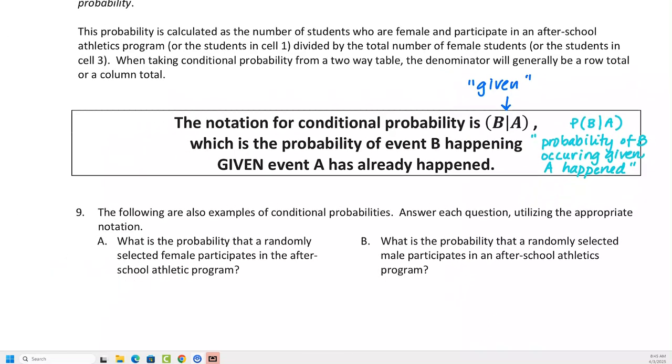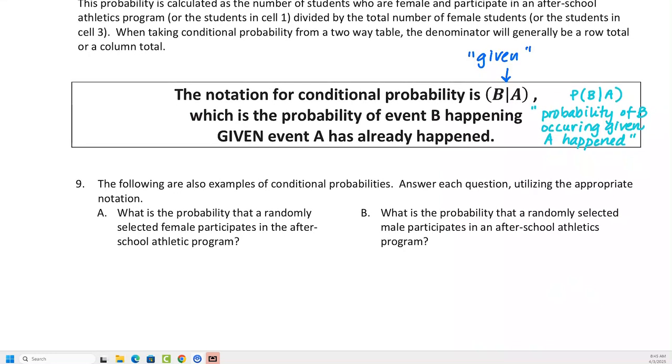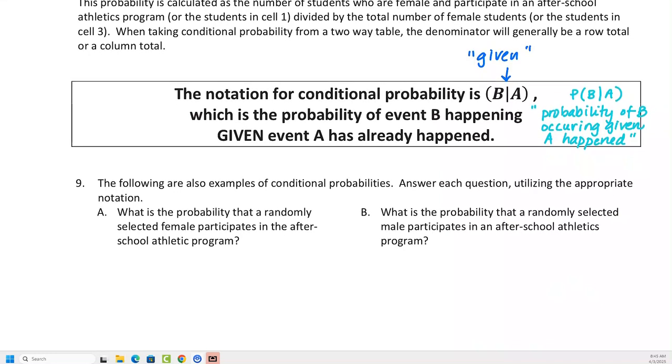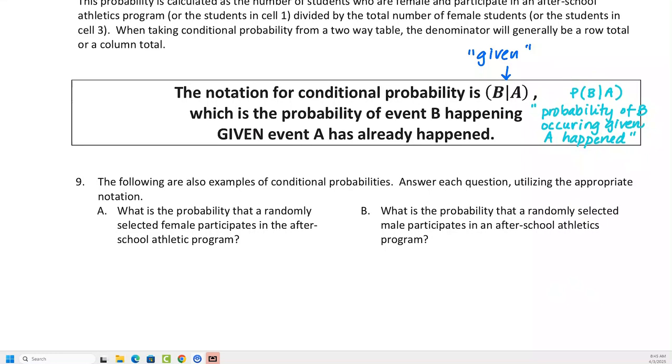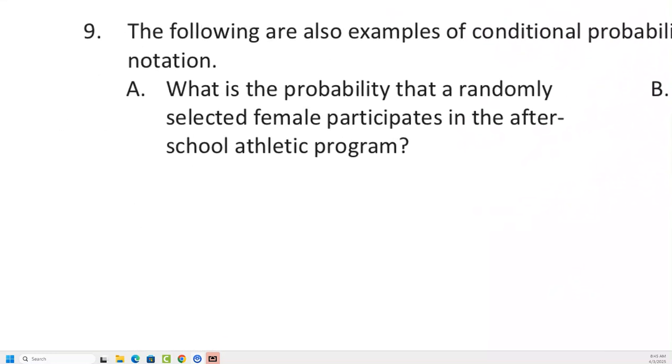Okay, so let's come down here and take a look. It says the following are examples of conditional probabilities. Answer each question utilizing the appropriate notation. So it says here, for A, what is the probability that a randomly selected female participates in an after-school program?